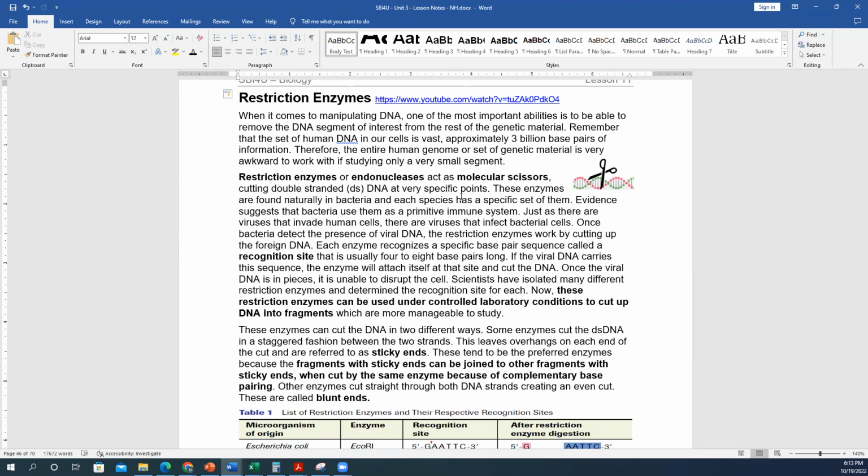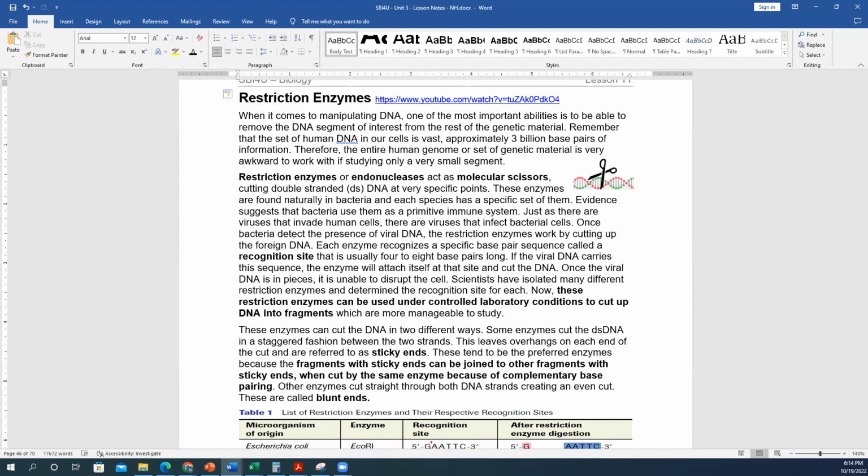These restriction enzymes naturally occur in bacteria, and each bacterial species has a specific set of them. In bacteria they work as a very primitive immune system, because just as there are viruses that attack human cells, there are viruses that infect bacterial cells.